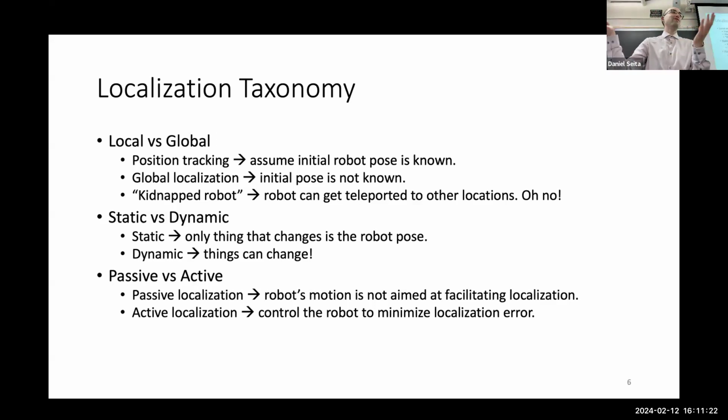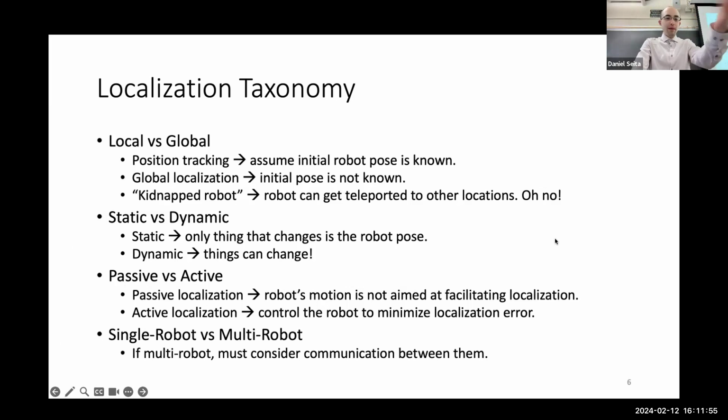It might be moving for some other reason, or someone else might be controlling the robot to do a completely different thing, like move as far as they can. The localization just says, the robot is moving independently of any localization objective, figure out where the robot is. Active localization means you actively try to move the robot to learn more about where it is. So there's another distinction there.